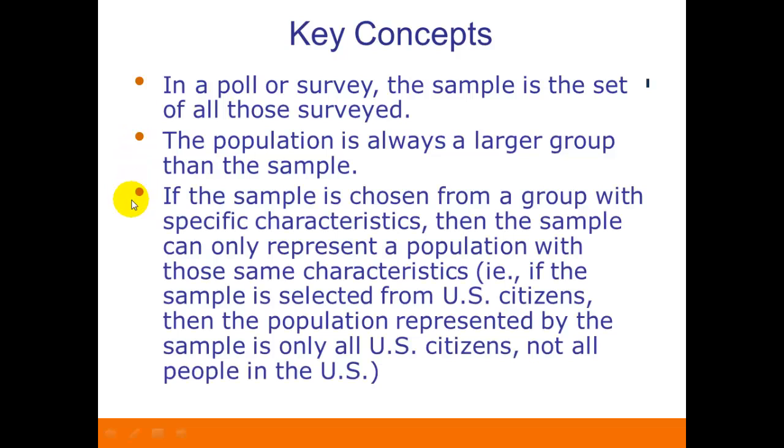And if the sample is chosen from a group with specific characteristics, then the sample can only represent a population with those same characteristics. For example, if the sample is selected only from U.S. citizens, then the population represented by the sample can only be U.S. citizens. It can't be all people in the United States, since there are people in the United States who are not U.S. citizens.